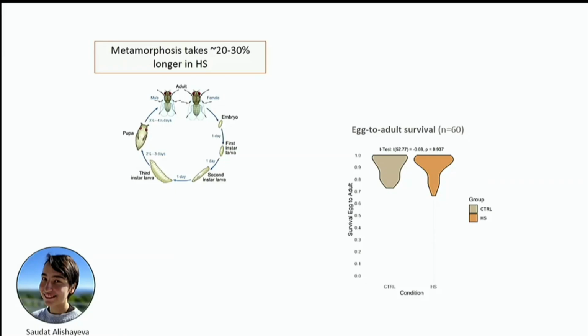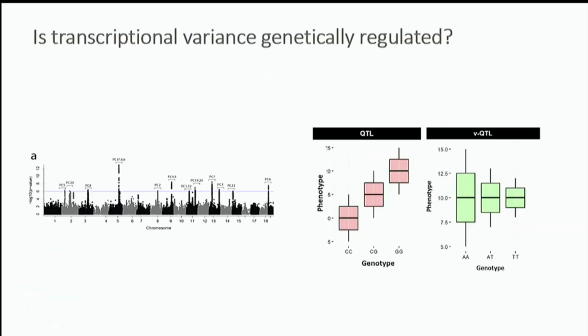Of course, I don't have a way of directly proving this, but it is very suggestive that this tight regulation of these metamorphosis pathways might be related to how they are able to reduce noise and make really tight adult flies.